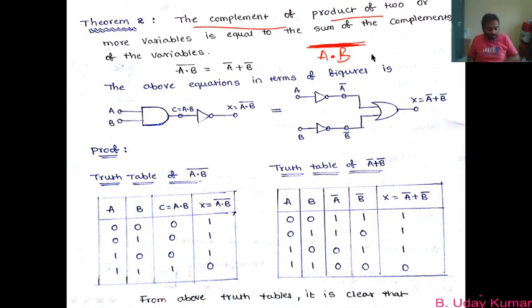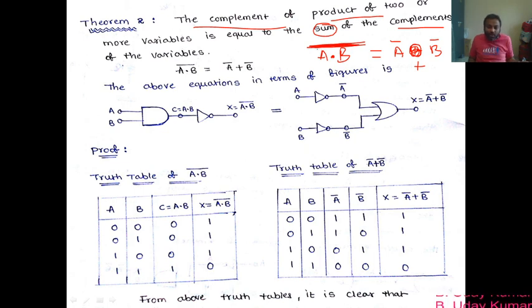This should be equal to the sum of, sum means plus, the complements, the sum of complements of variables. What are the variables here? A and B. The sum of complements of variables means plus, and complements means bars: A bar and B bar.